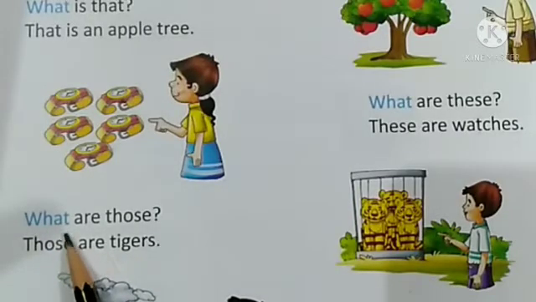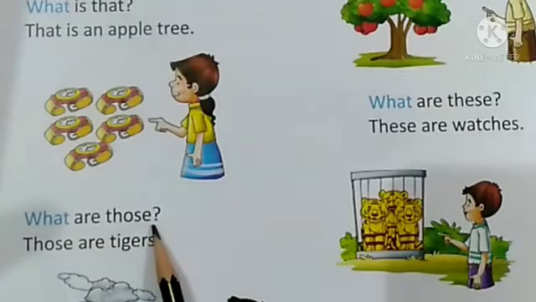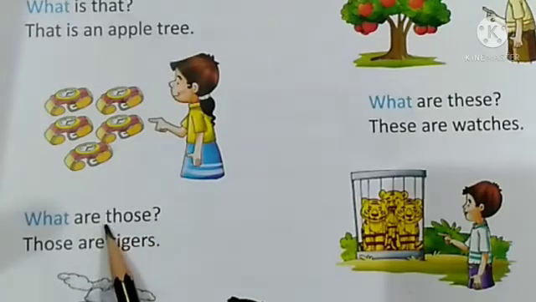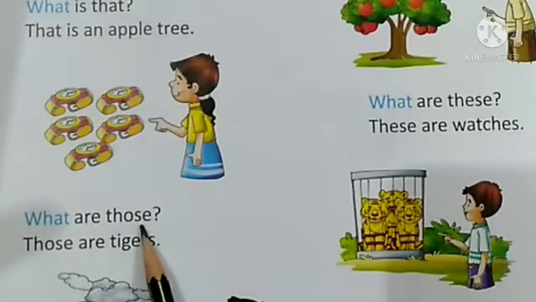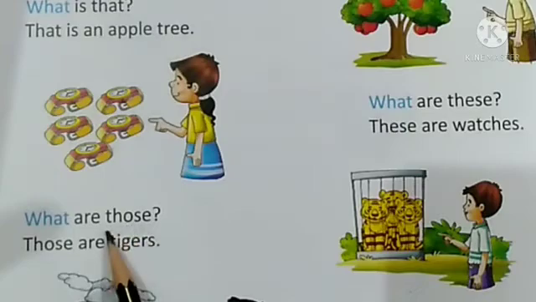What are those? Children, in the previous video you learned about those also. We use those for the things which are far from us and they are more in number. Okay, what are those?